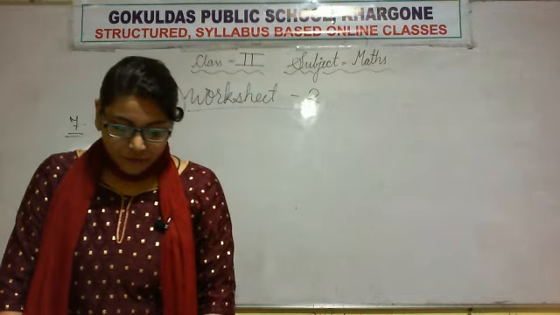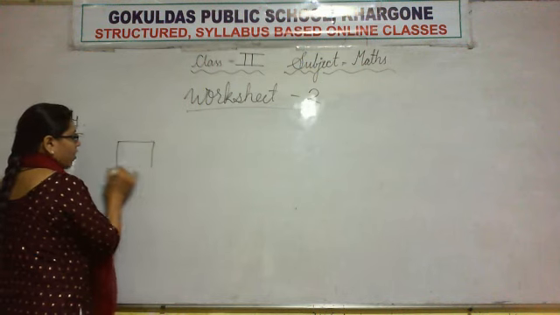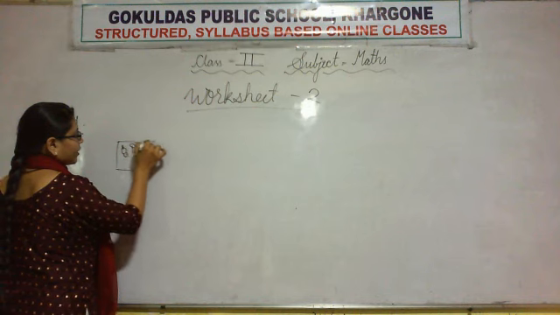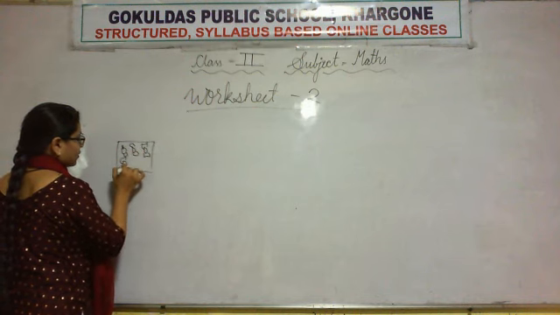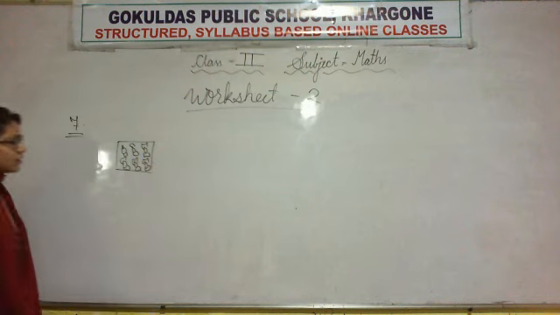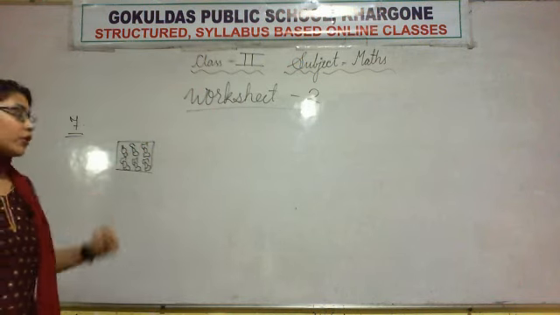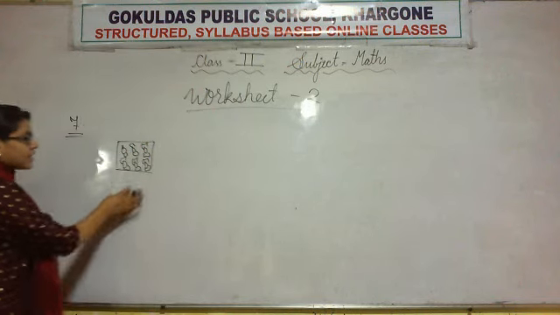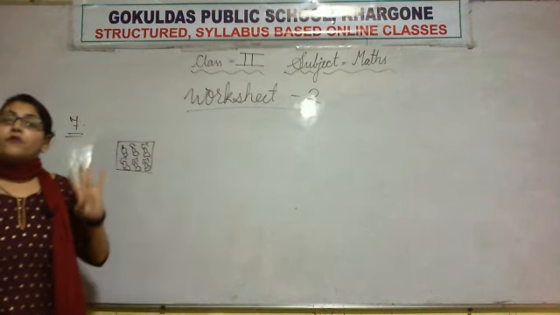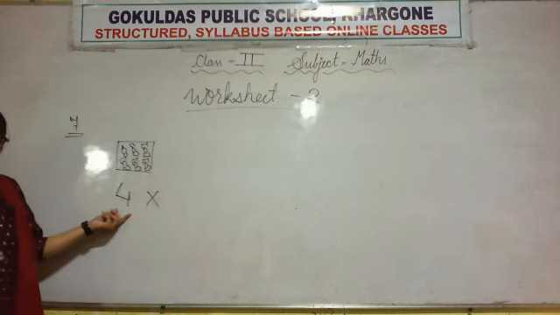Now the last question of the worksheet, that is the word problem. If one box has 6 chocolates. Imagine there is one box and that one box is having 6 chocolates. How many chocolates are there in 4 boxes? So it means these 6 chocolates, how many times? 4 times. So we will write the number 4 first, because here we write times.